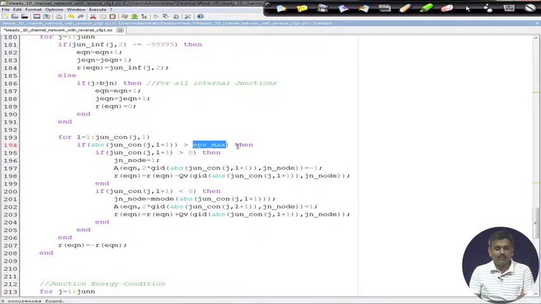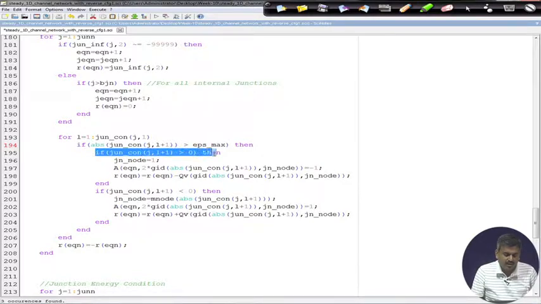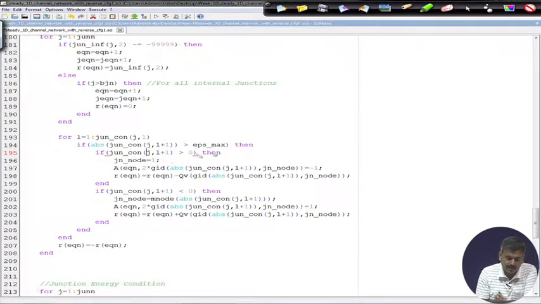Obviously, if 0 value is specified, this condition would not be satisfied. Now, if junction continuity J L plus 1 is greater than 0.